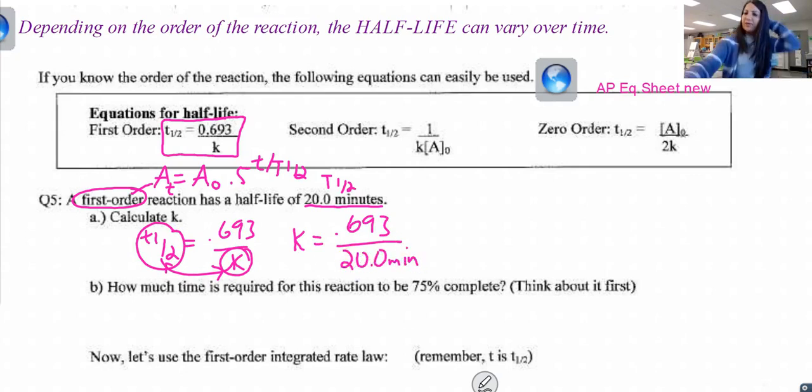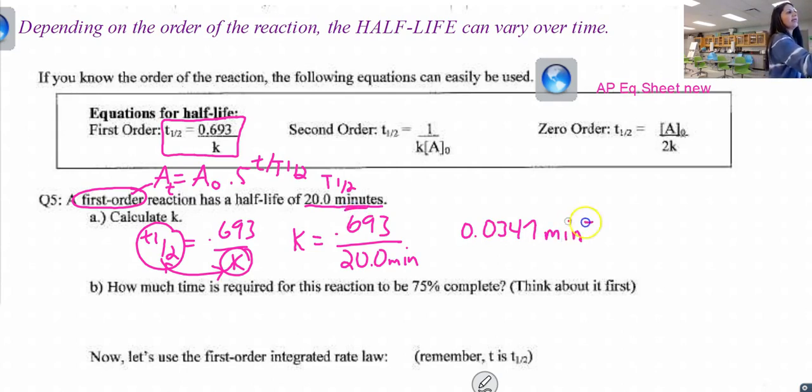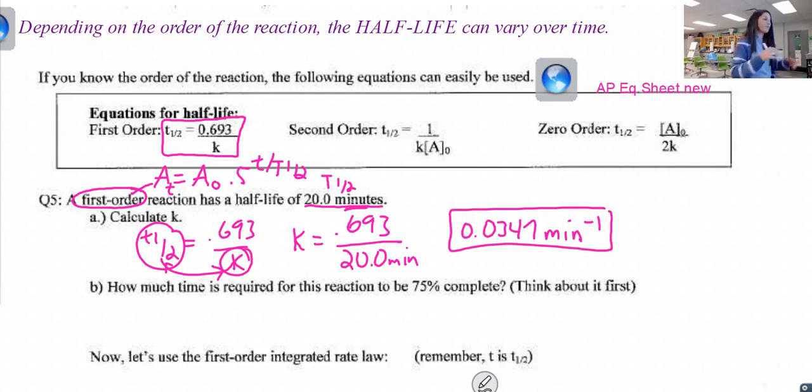And if we divide this out, we should get that the answer is 0.0347. It's first order, which means the unit of k is simply seconds to the -1. But wait, this isn't in seconds, it's in minutes. So that would be minutes to the -1, and that would be the units of my answer for k. All right, so if you know the half-life, it makes it really easy.